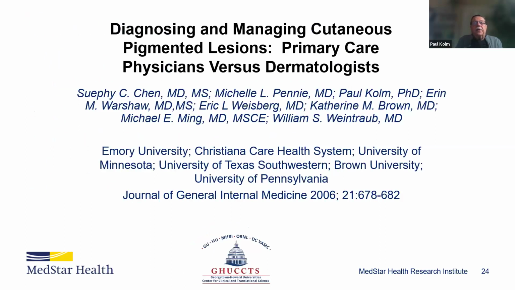So I want to give an example here where we did this in a study from a few years ago, where dermatologists and PCPs, primary care physicians, were to rate lesions in terms of whether they would likely do a biopsy or whether they thought they were melanoma or not.